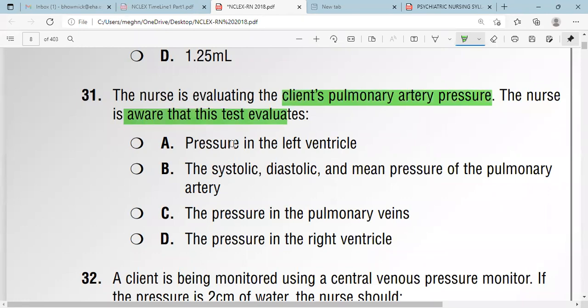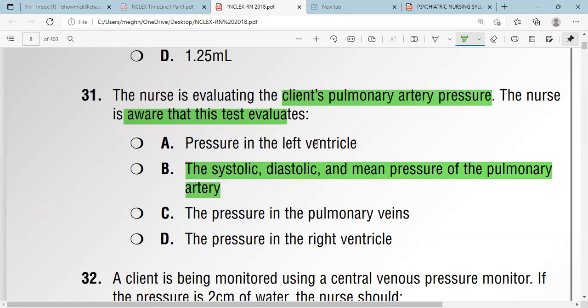It means the test evaluates the systolic, diastolic, and mean pressure in the pulmonary artery, because the question mentions pulmonary arteries. So the pulmonary artery pressure will measure the pressure during systole, during diastole, and the mean pressure in the pulmonary artery. So it will not measure the pressure in the left ventricle.